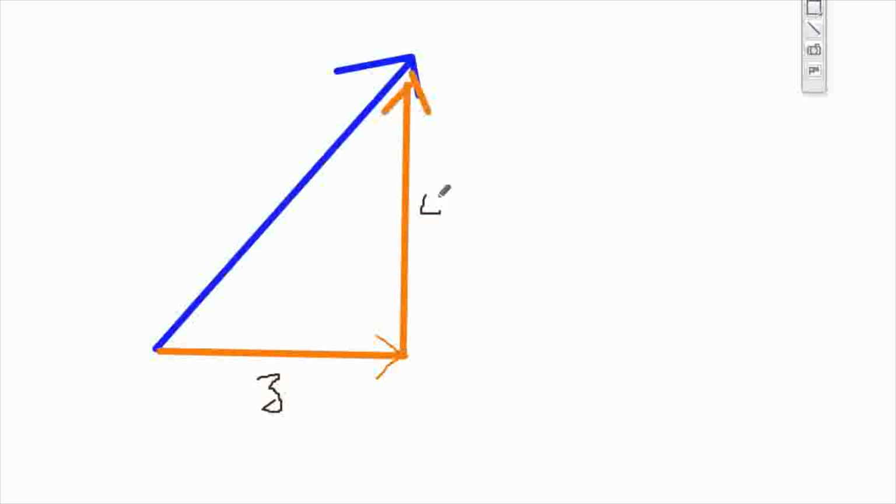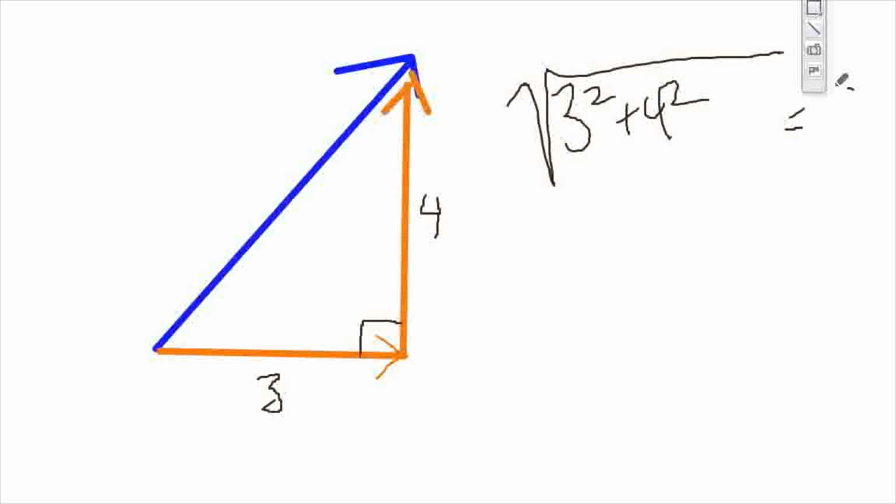However, what I asked you was, I want to know what the length of the blue vector is, the original vector. Well, we haven't talked about the length of an arrow, although you could probably guess how to do it. If you had a right triangle and you knew the lengths of the components, the other sides of the right triangle, you could simply use the Pythagorean theorem. So the square root of 3 squared plus 4 squared would give you the length of the vector.